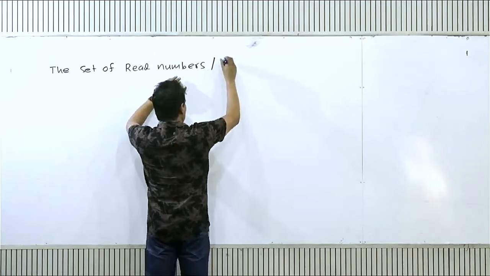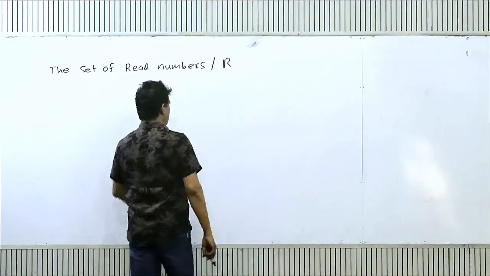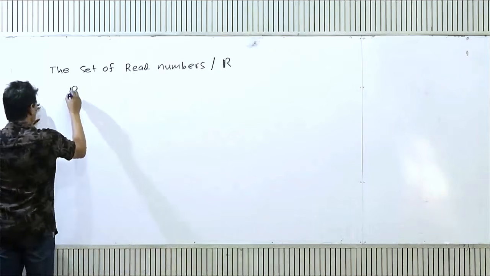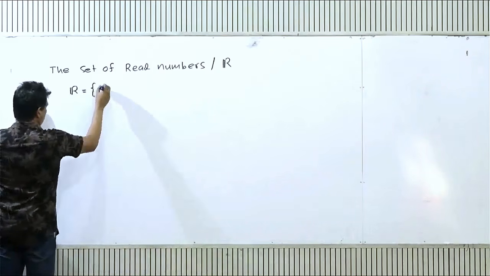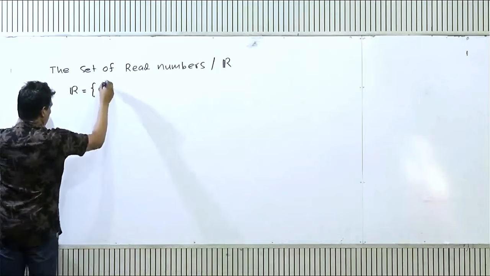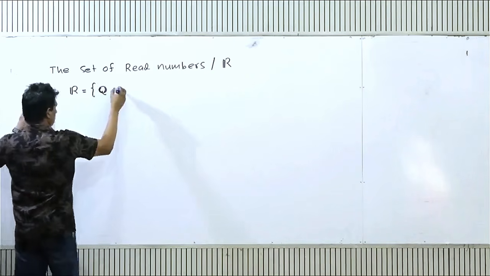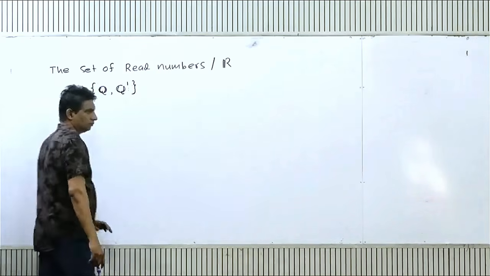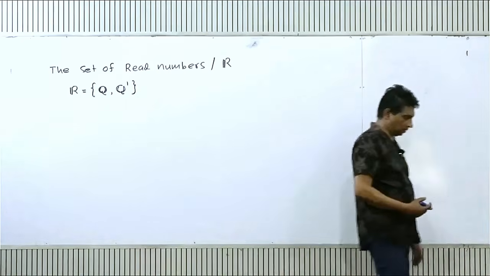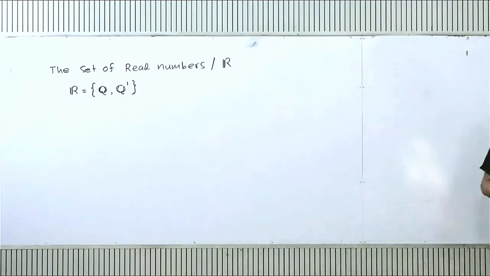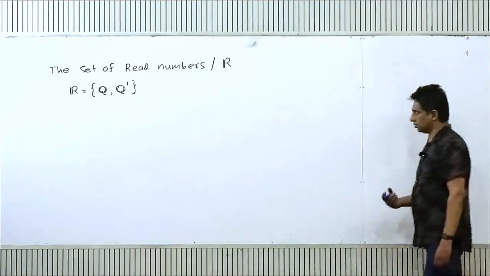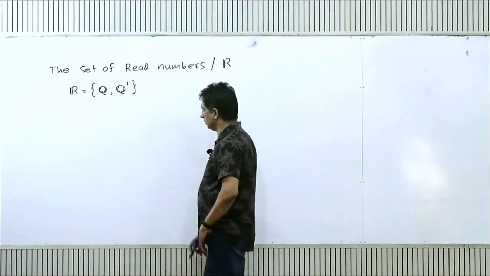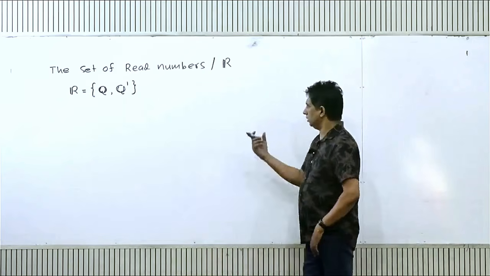This is the notation of real numbers. The real number set means the set which consists of all the rational numbers and all the irrational numbers. If there is a set which consists of all the rational numbers and irrational numbers, this set is called the real number set.